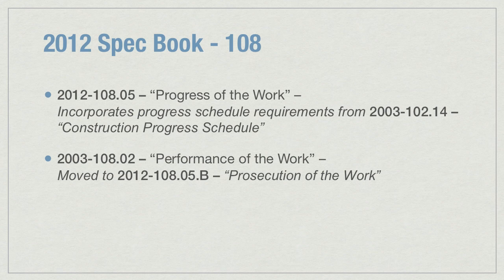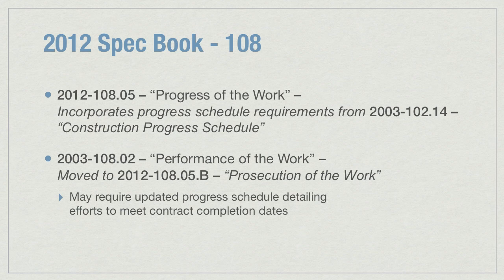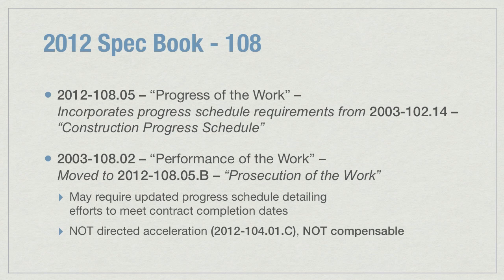If the contractor falls behind schedule, the engineer may require updated progress schedules detailing the efforts that the contractor will make to get back on schedule and complete the contract on time. These additional efforts do not qualify as directed acceleration that are described in 104.01C, and they are not compensable.